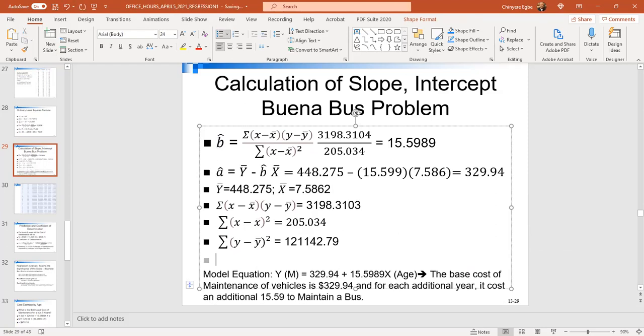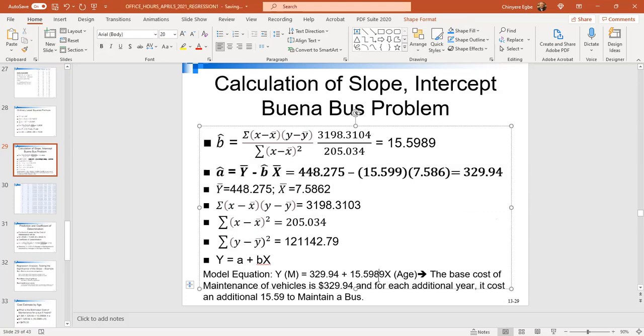You remember y is equal to a plus b times x. This is the equation. So a is represented by 329. That's your a hat.